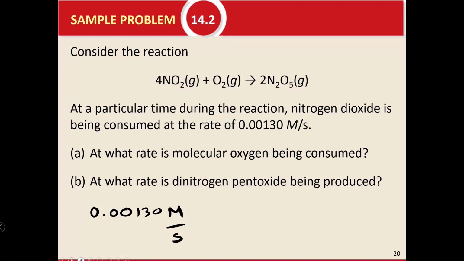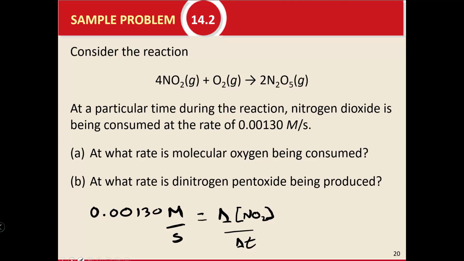Now, what does that mean? It means the change in concentration of the nitrogen dioxide in moles per liter over change in time. Notice this isn't the overall rate at this point, or the rate of reaction. This is what I would say is the rate with respect to the nitrogen dioxide.